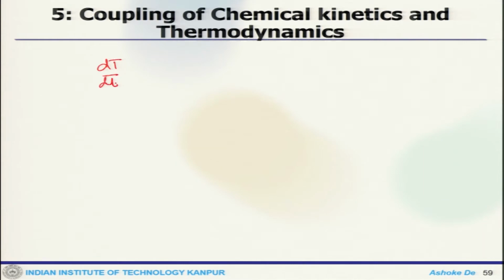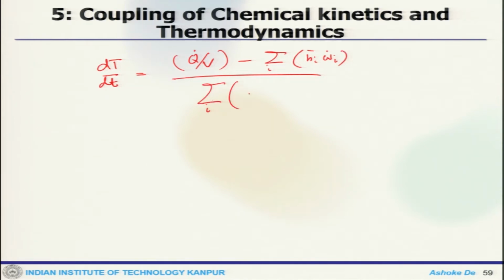Once you do that, what we get is dT/dt equals q dot by V minus the sum over I of h I omega dot I, divided by the sum over I of x I C p I bar. So, this will take the sum over all the species.